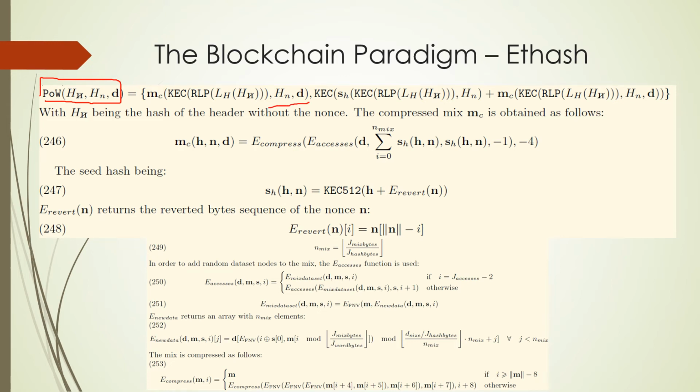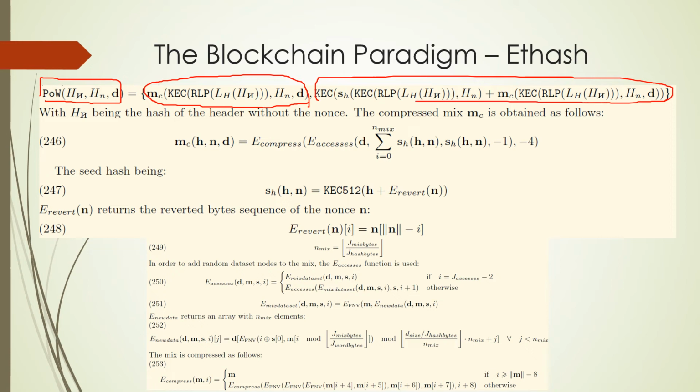The first element in that ordered pair is this, and the second one is going to be this one, where KEC is basically the third generation SHA, SHA-3. It's kind of similar to SHA-2, the SHA-256 that you know, but this is the upgraded version, which was proposed, I guess, in 2015, and it's accepted by NIST. And you can check out all the details.